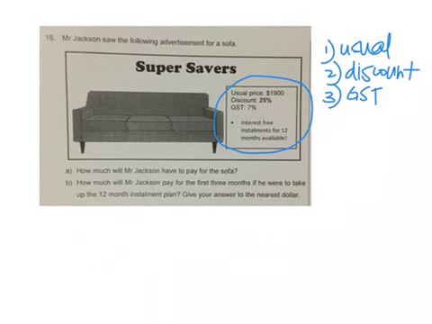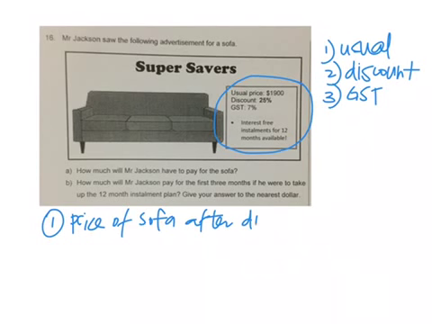So for number 1, you must find out the price of the sofa after discount. I could either find out what is 25% of 1,900, then use 1,900 to take away the discounted amount to find out the new price of the sofa. Then after that, I need to apply the 7% GST to the sofa.